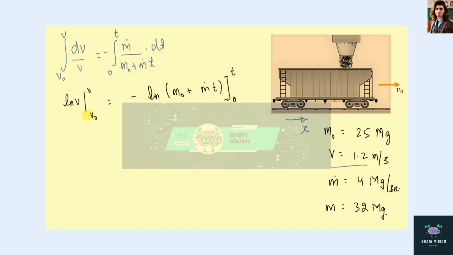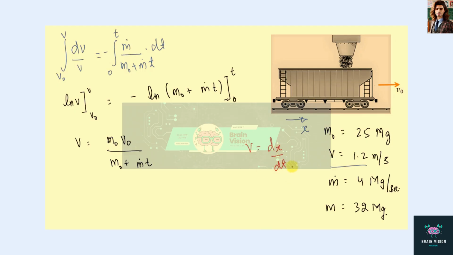After putting in the limits we'll get the expression for v to be m naught times v naught divided by m naught plus m dot t. So this is the expression for velocity. Now velocity can be written as dx by dt, the rate of change of displacement.